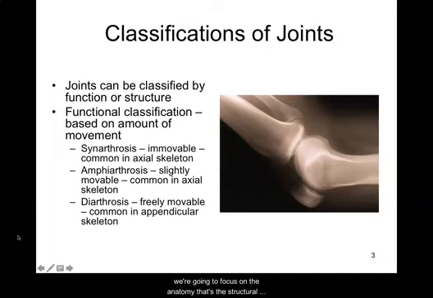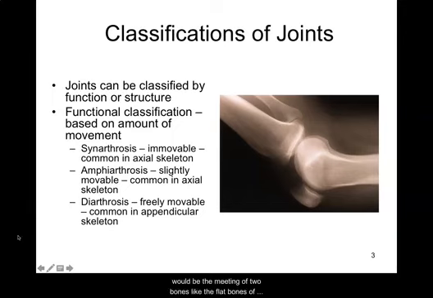We're going to focus on the anatomy, that's the structural classification, but for each of those, we're also going to take a quick look at the functional classification. Function of a joint is really how much movement is allowed. So the functional classification comes in 3 categories. Some joints in our bodies are completely immovable.